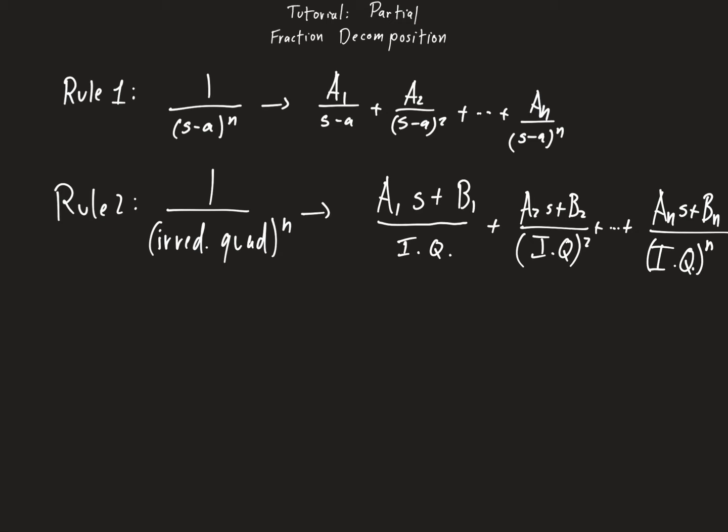So we have a bunch of constants in the numerators being divided by that specific factor in the denominator, with its power increasing gradually until it reaches the multiplicity of that factor.